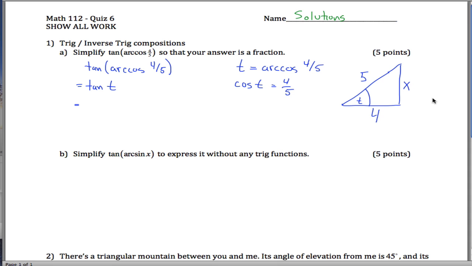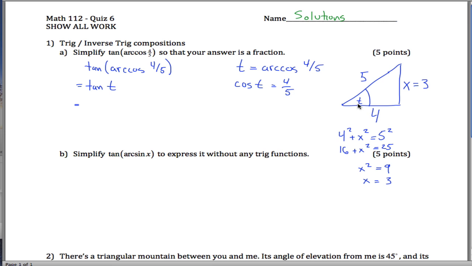By the Pythagorean theorem, 4 squared plus x squared has to be equal to 5 squared. So 16 plus x squared has to be equal to 25, so x squared is 9, so x is plus or minus 3. But it can't be negative because it's a distance, so x is 3.